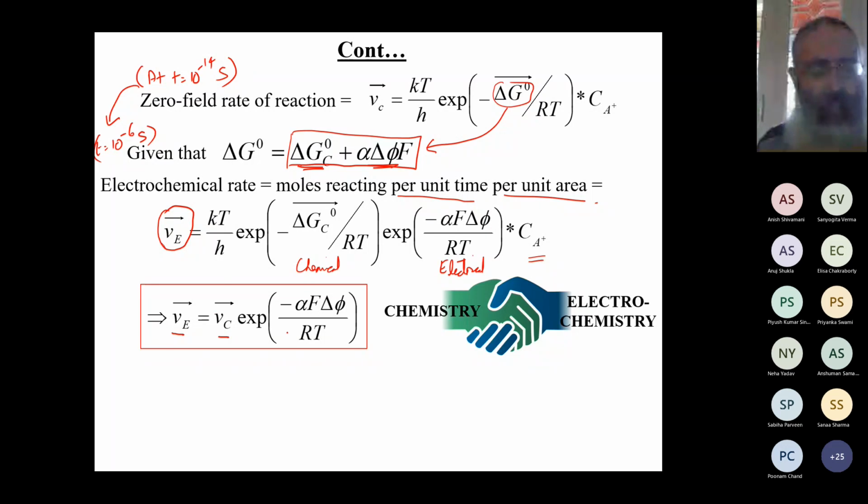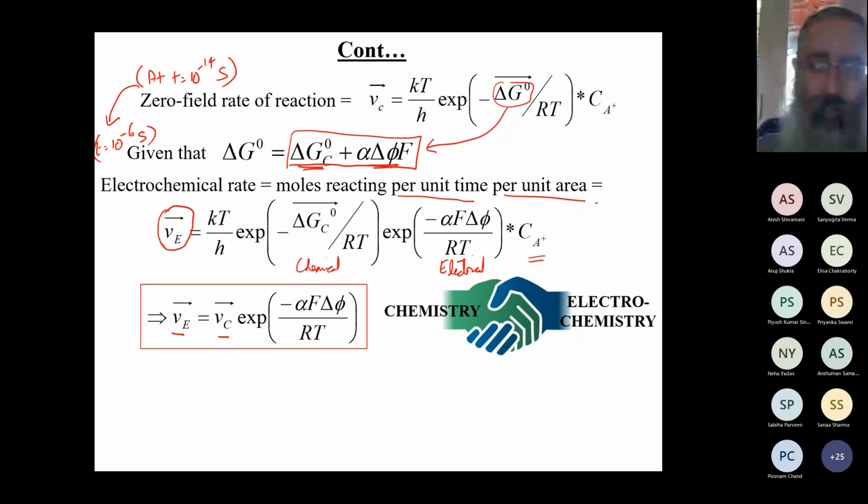And this signifies an extremely important relation. It is actually the marriage between chemistry and electrochemistry, as important in kinetics as the connection between thermodynamics and electrochemistry. What equation represents the connection between thermodynamics and electrochemistry? That is the single most important connection between a thermodynamic parameter and an electrochemical parameter.